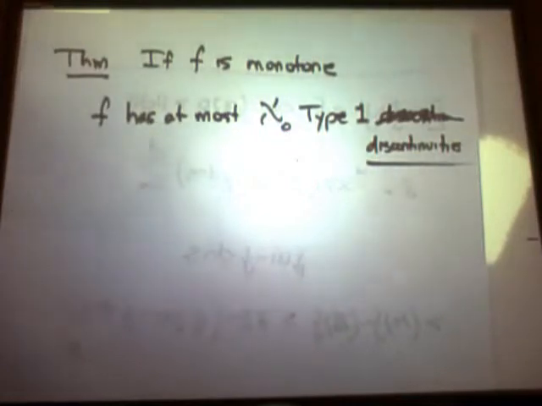What's a type 2 discontinuity? Like the salt and pepper function, right? Every point of the salt and pepper function is a type 2 discontinuity. Here's a test question for you, pop quiz. Please design a function that is continuous at 0 and has type 2 discontinuities everywhere else.